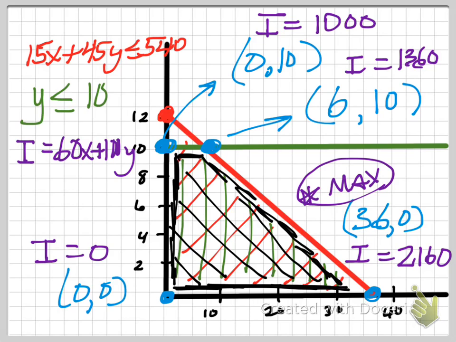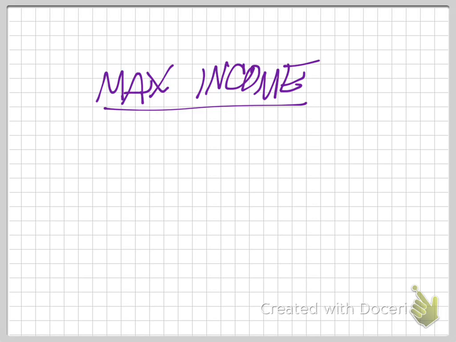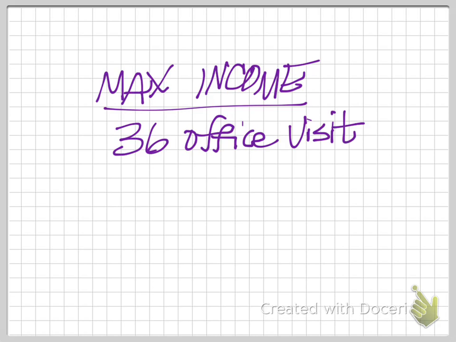So the actual answer here, we would want to say we maximize income with 36 office visits and 0 physicals.